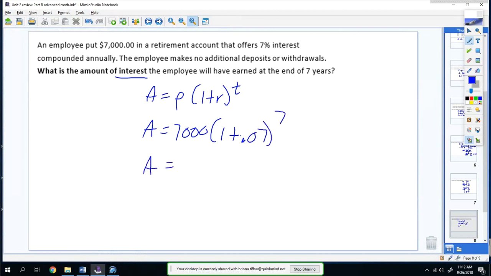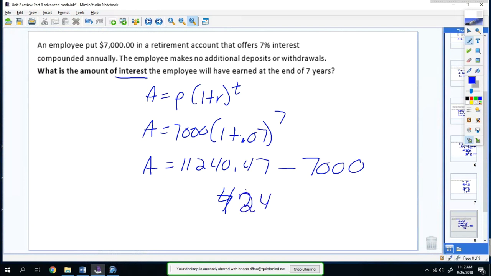When you multiply it, you get 11,240.47. That's how much you'll have in the account at the end of 7 years. That's not what it's asking for. It's asking how much interest he will have earned. So then I'm going to subtract what he started with, which is 7,000, and then you would get 4,240. That will be your final answer. That's how much money he gained in those 7 years.